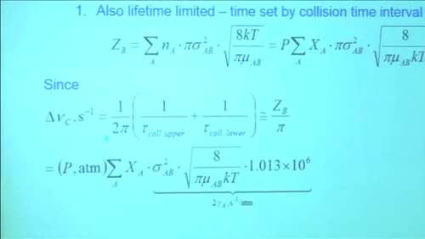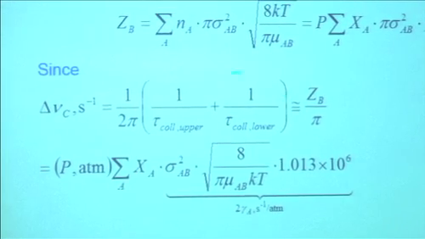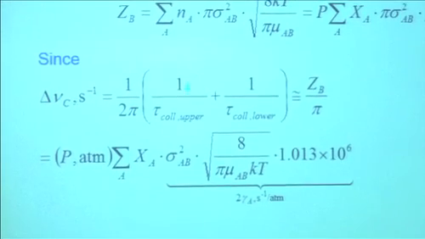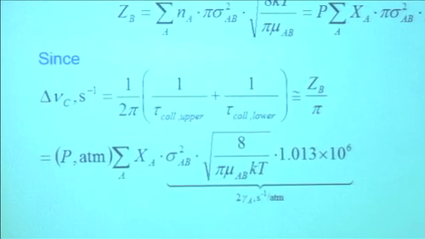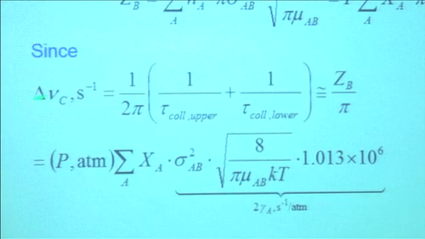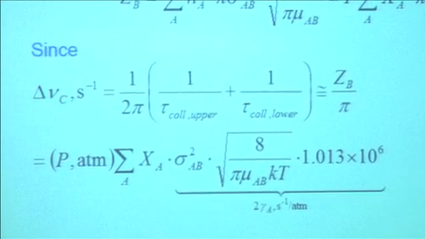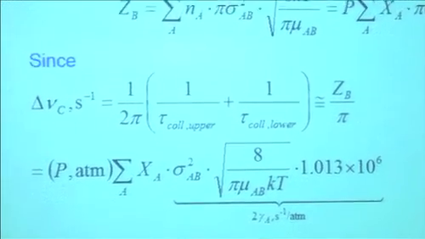So we get the 1 over 2 pi, but now we have to take the tau. And in the limit that the collision frequencies are the same, these two terms are equal and the 2 goes away, and I get collision frequency over pi. So in seconds, the full width at half maximum collision frequency, which is going to turn out to be what we need, is written this way.